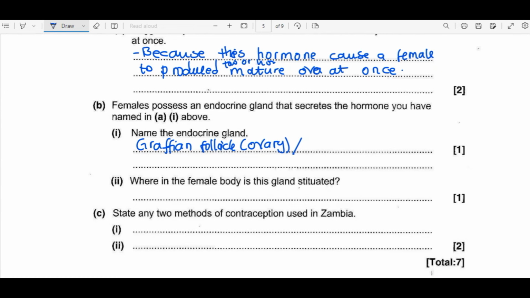Also this hormone is produced by the pituitary gland. Then where in the female body is this gland situated? So we are looking at the female reproductive system.